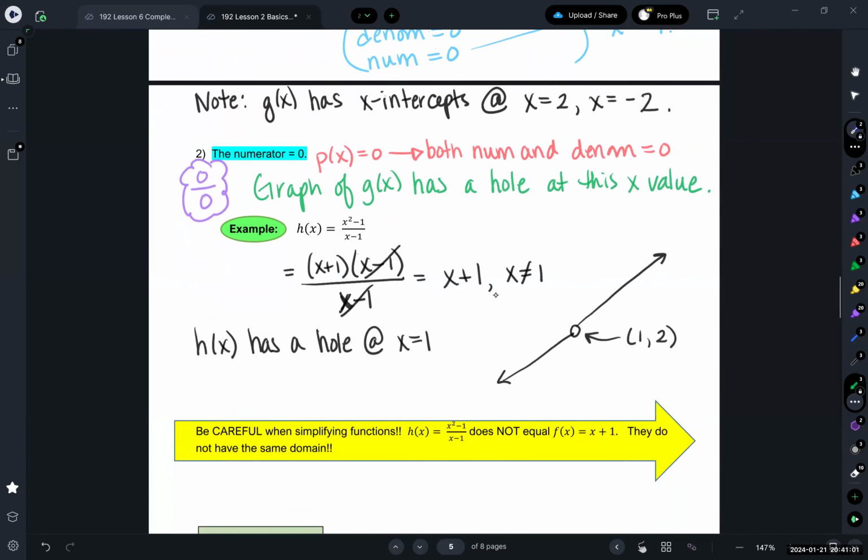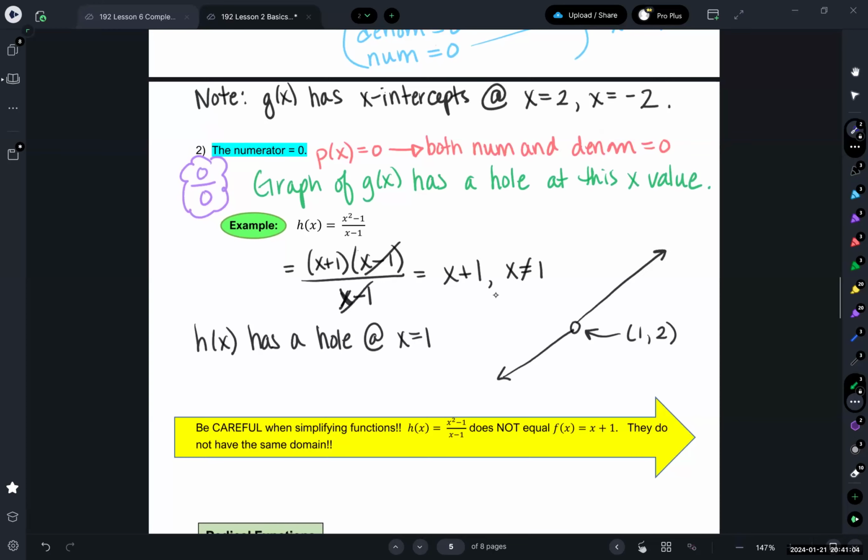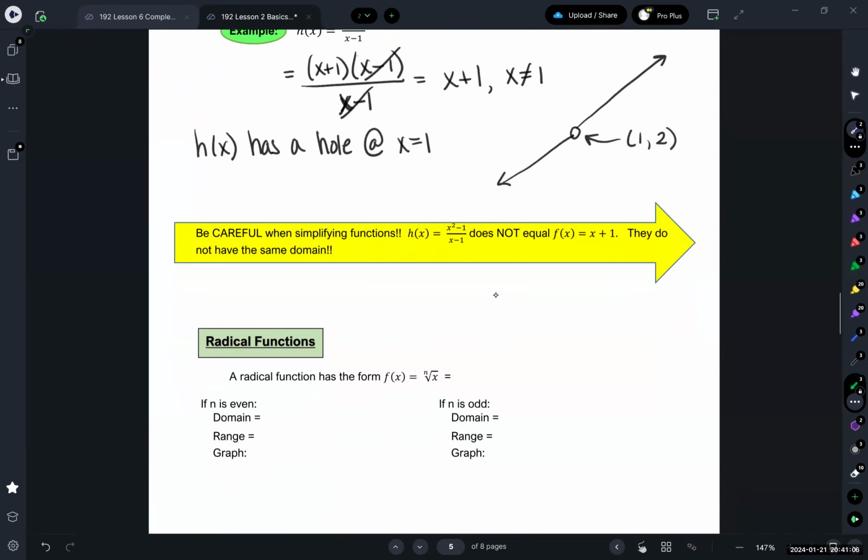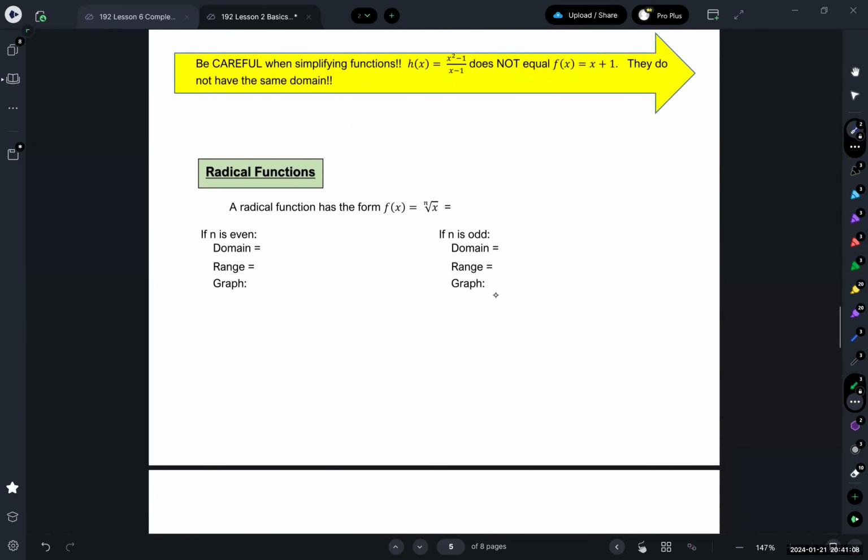Okay, that's the bulk of what we need to talk about with rational functions right now. So let's just do a real quick review of radical functions. Nothing major here. We're going to spend more time with these as we go on in the course. I just wanted to remind you about exponent notation for radicals.